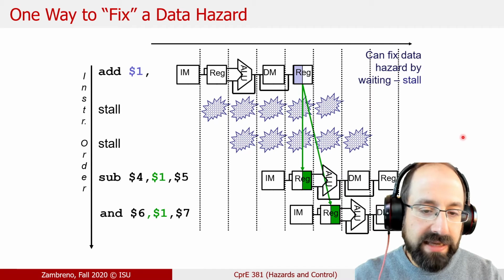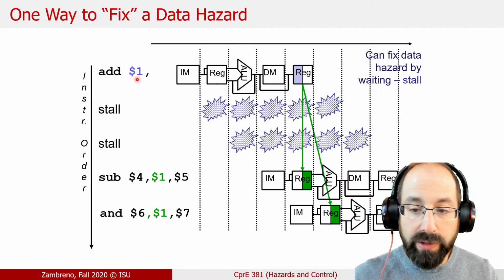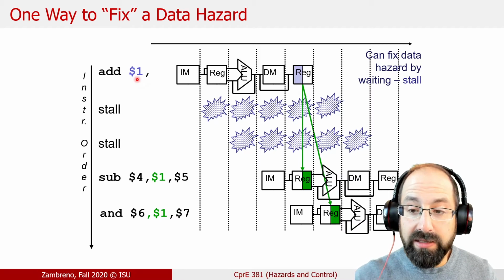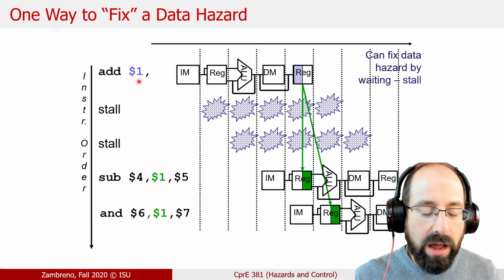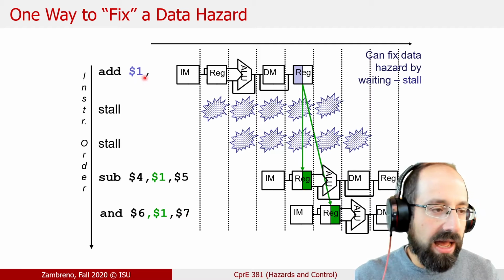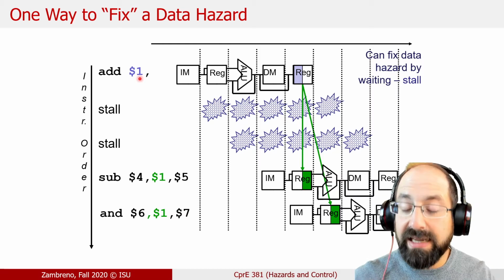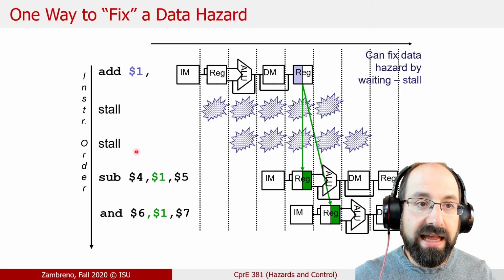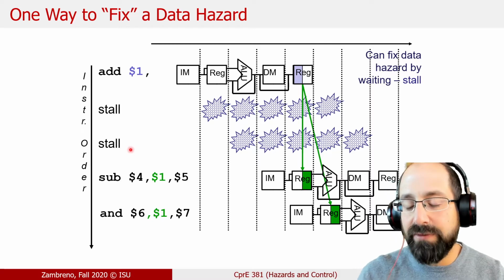And that way to fix the data hazard is just to stall, is just to wait. If we know, or even if we don't know and want to be careful, we can say, well, we don't know how many more cycles we have to have after we've fetched this instruction to be confident that there aren't any data hazards. Let us just add as many stalls as are necessary to guarantee that that would never be the case.